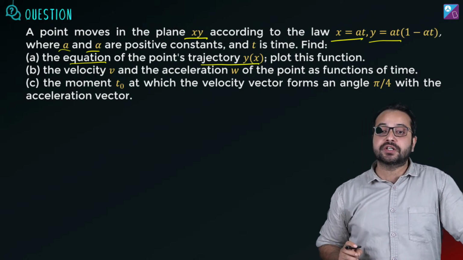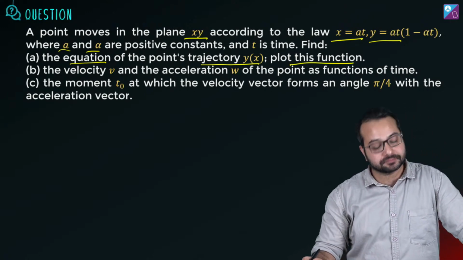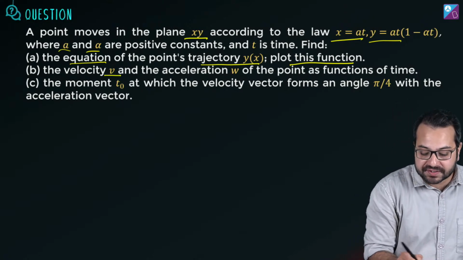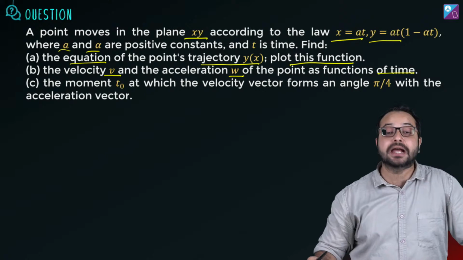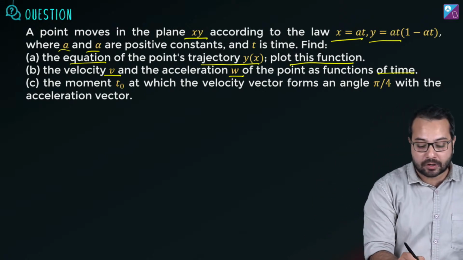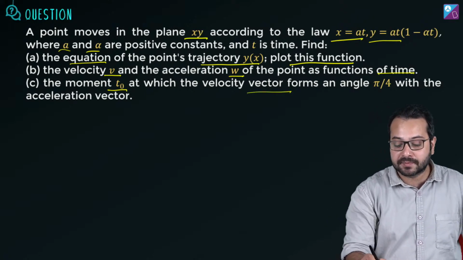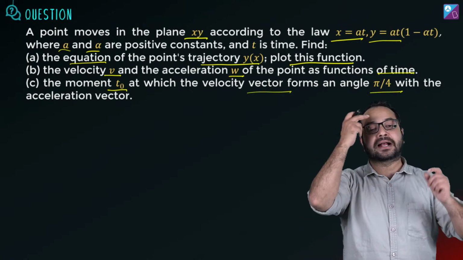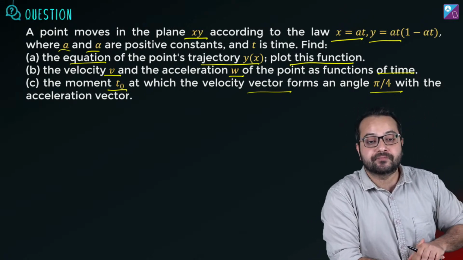Trajectory का equation निकालना है. Okay? And we have to plot this function as well. Next, the velocity v and the acceleration w of the point as functions of time. And the third thing we need to find out is the moment t naught at which the velocity vector forms an angle π/4 with the acceleration vector. Okay, that is the question.